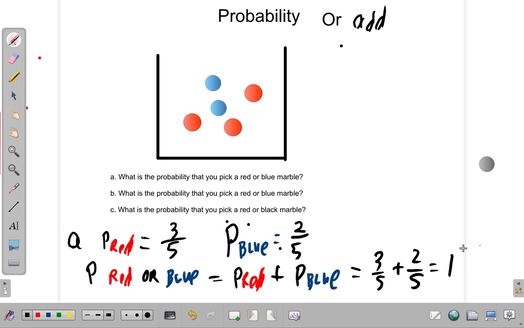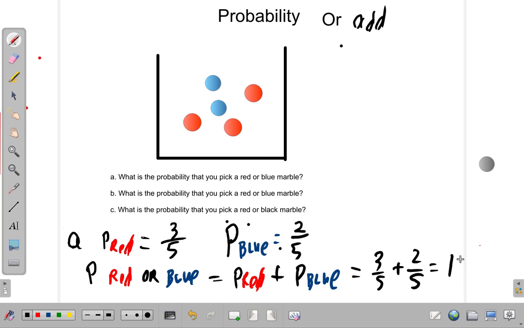All right. That had to happen because what other choice did you have? Is either one or the other. You had only blue and you had red, only blue and red. So it's either that you pick the blue or the red. So 100% chance of you picking a blue or a red.